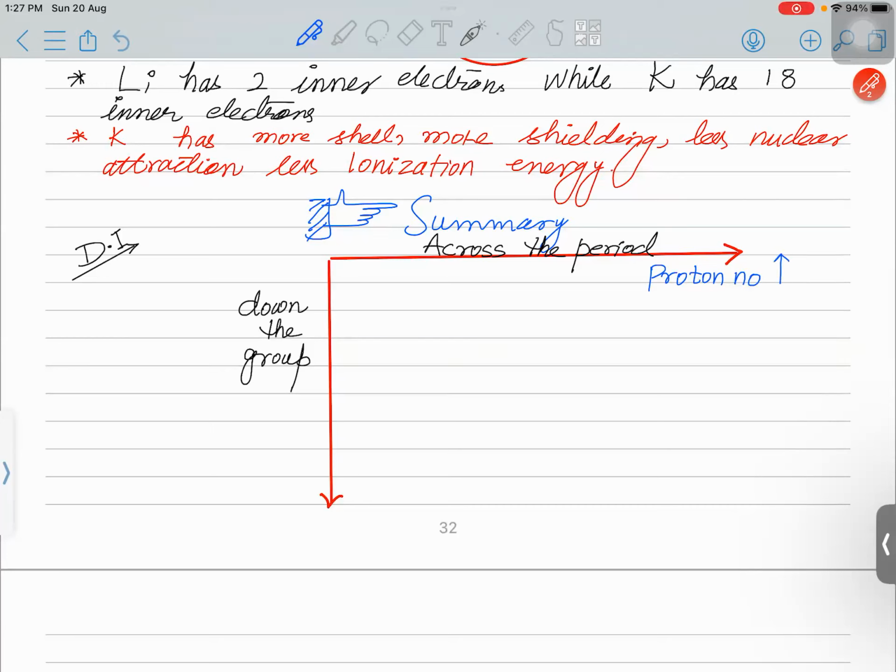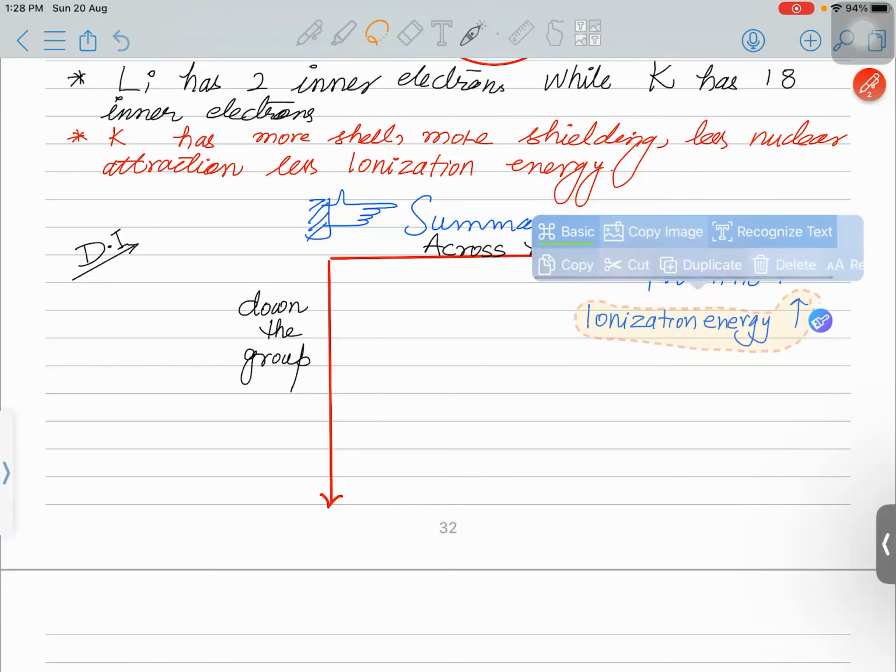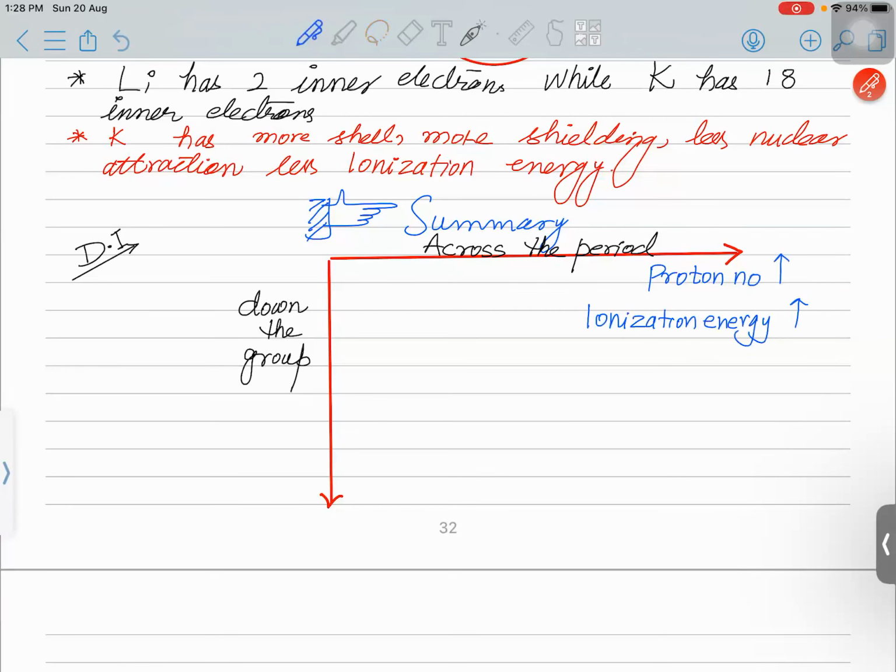Point number 2, ionization energy also increases. Now nuclear attraction increases, right?